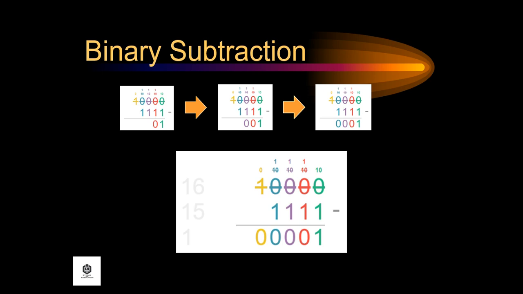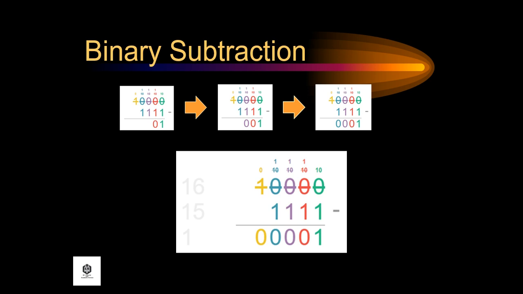For the fourth column, another 10 because of the borrow, then it became 1. 1 minus 1 is equal to 0. And for the fifth or last column, 1 becomes 0 because it already lent 1 to the other column. So 0 minus no number, just bring down 0.